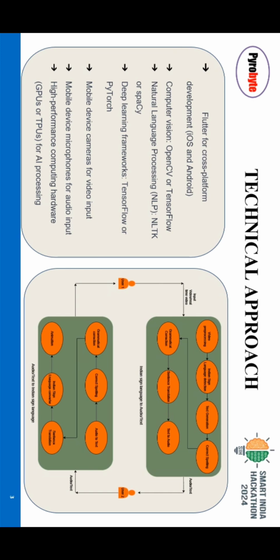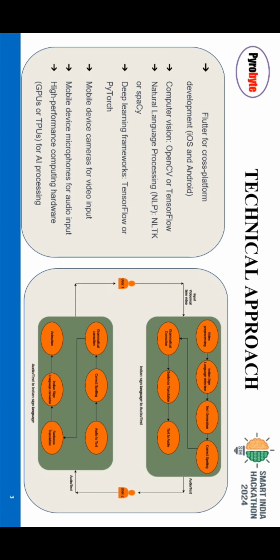Then it will be passed to a sentence translation model, so that it is accessible in multiple languages, in the language the user two wants to hear, such as their mother tongue. The audio or the text would reach user two, and he would understand what user one is trying to say with the sign language they have performed.